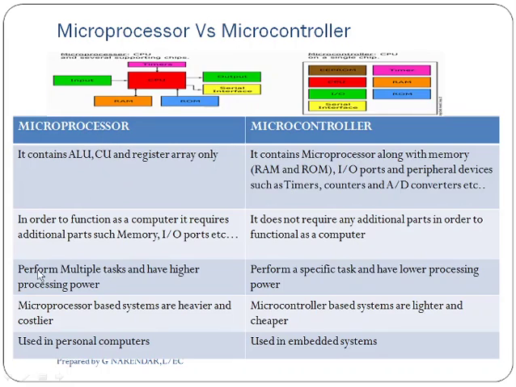On the third comparison, microprocessors are actually used in your personal computers. That means they perform a number of different tasks, maybe one after the other, maybe parallelly also.